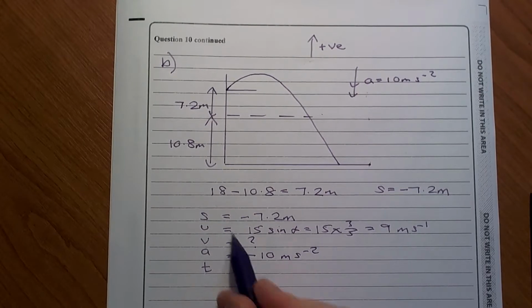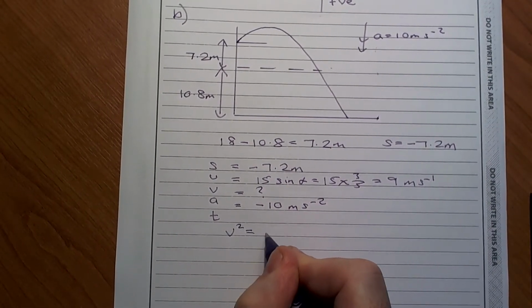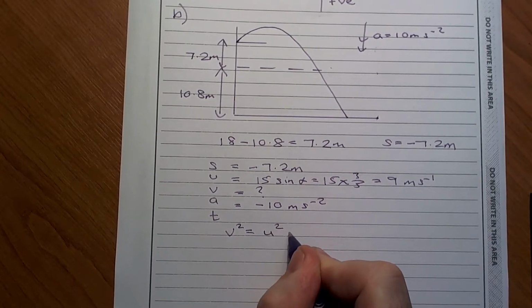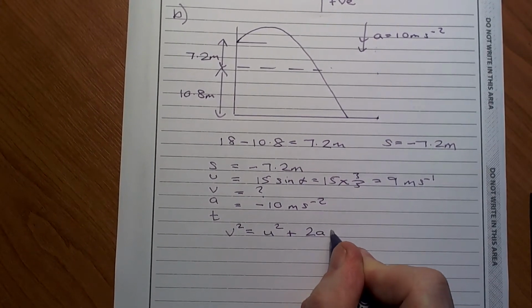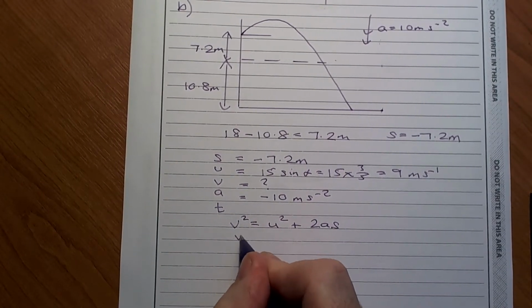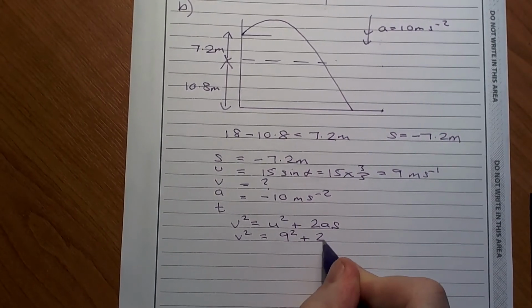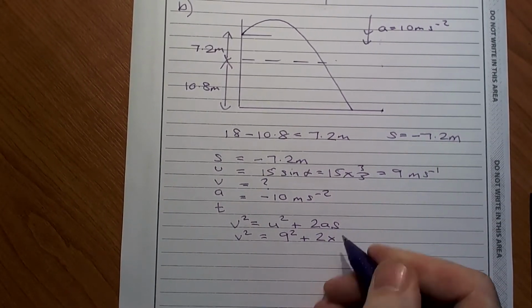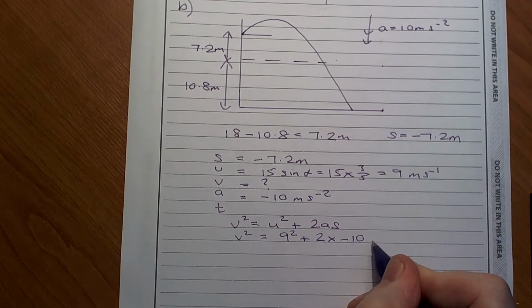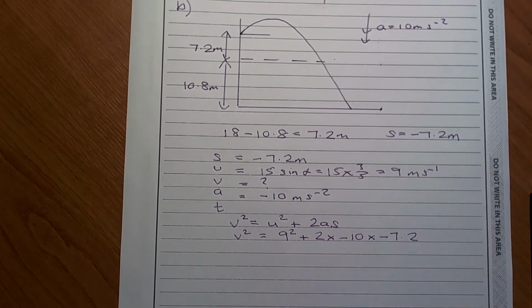Now we're trying to find V. So the simplest equation to use is going to be V squared equals U squared plus 2AS.